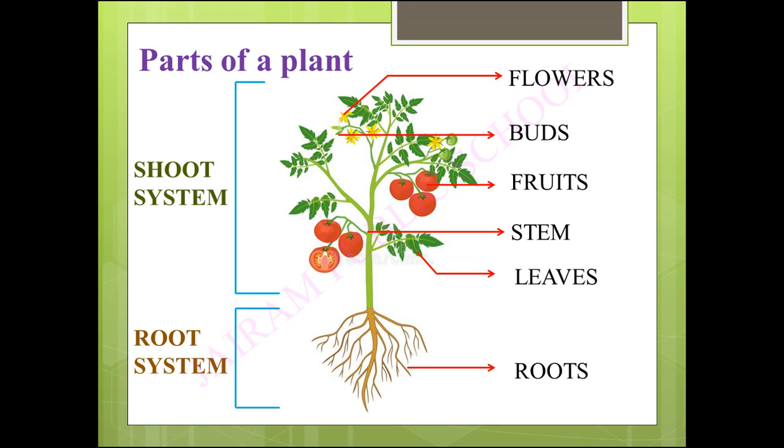Fruits are usually fleshy. They protect the seeds inside them. The seeds can develop into a new plant. Next, flowers. Flowers are usually colorful and some flowers have a pleasant smell also. They help in reproduction. Many flowers develop into a fruit.